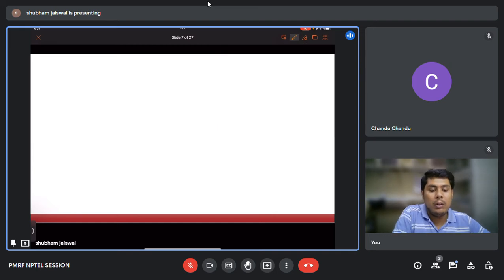When do we use the chi-square distribution? When the mean is not given and we have only the standard deviation, at that time we use the chi-square distribution.